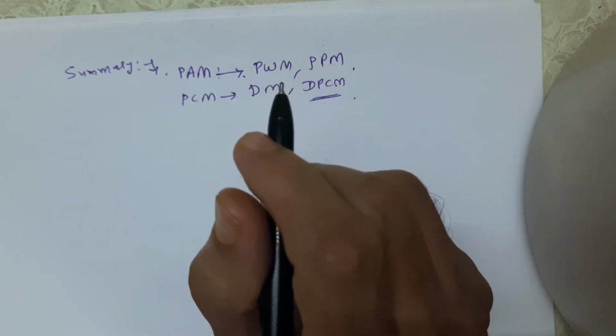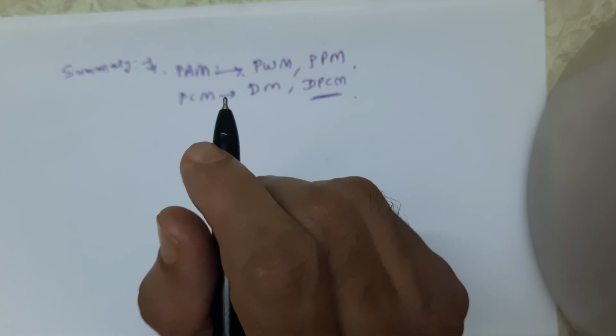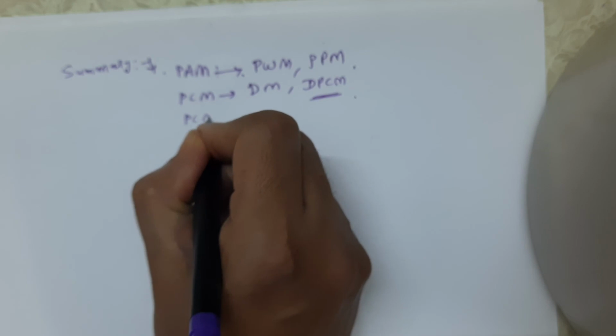As illustrated, PAM is nothing but the sampling process. PCM is nothing but the ADC.